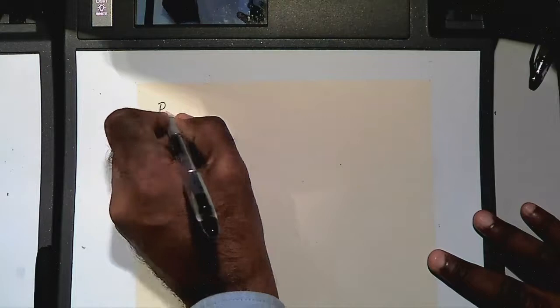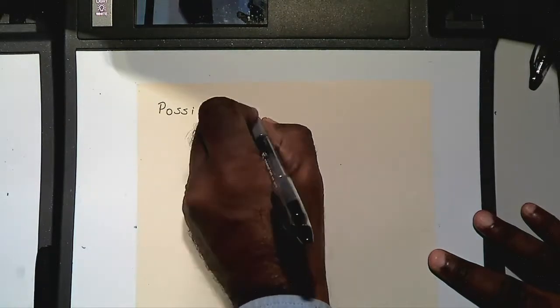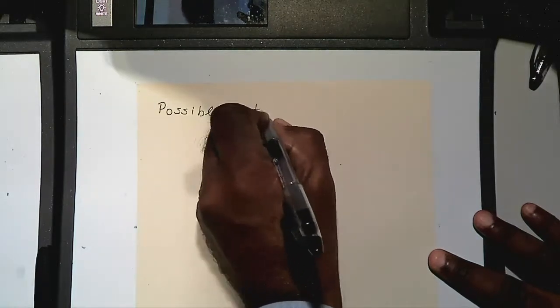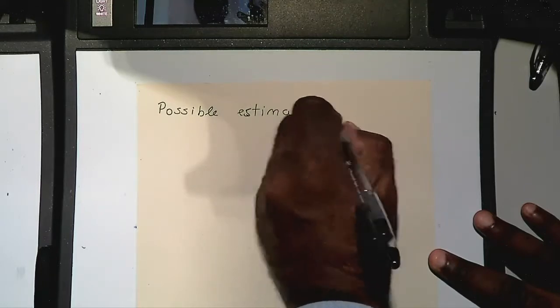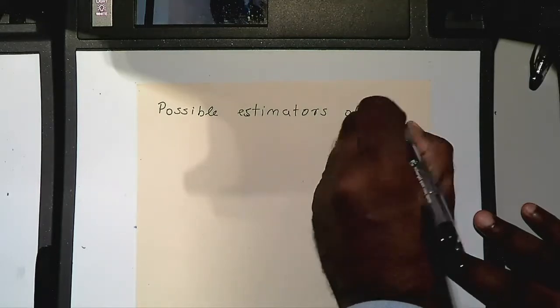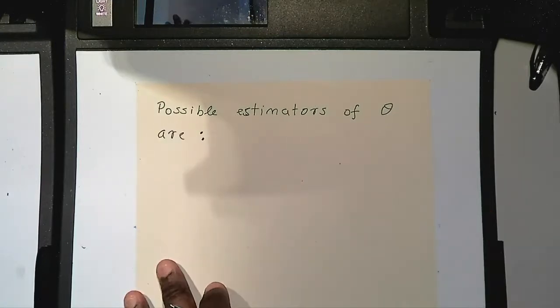So the question is, based on these 3 observations, the possible estimator for theta.